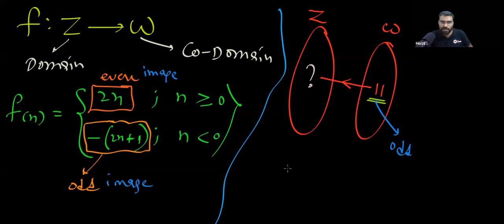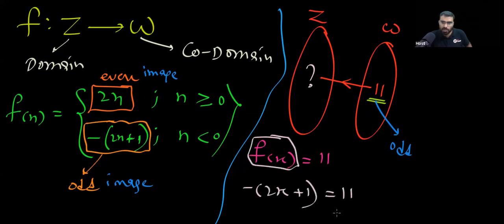So if you are getting 11, then I can say f(x) equal to 11, and this must have come from minus 2x plus 1 equal to 11. So from here, x is equal to minus of 11 plus 1 by 2, that is minus 6. So here I can say x is minus 6.